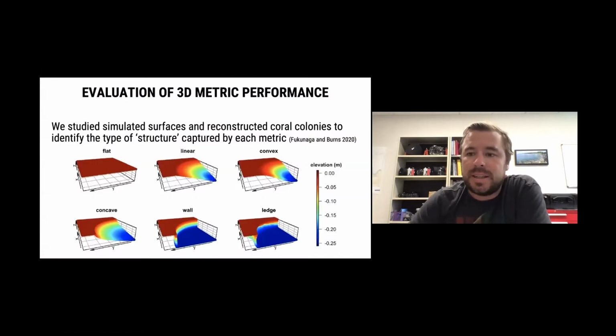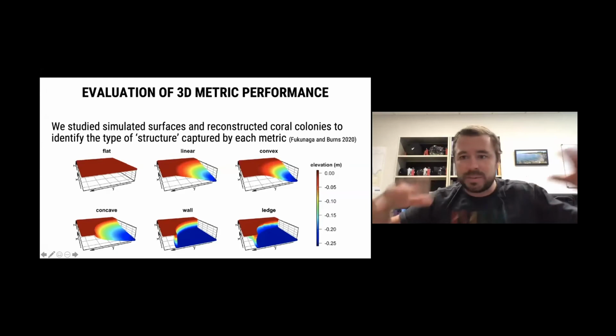And so this is a study that I'm pretty excited about that we did recently, where we said, okay, let's figure out how these work, and let's see if we can get an improved understanding of the performance of these metrics. So now that there's a number of great 3D animation tools, we actually simulated surfaces. On a reef, there is a ton of noise. There are organisms growing everywhere.